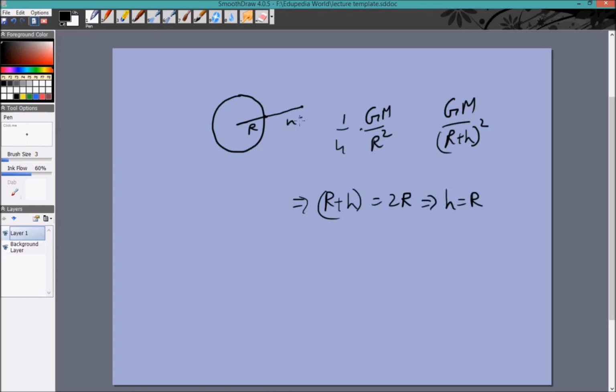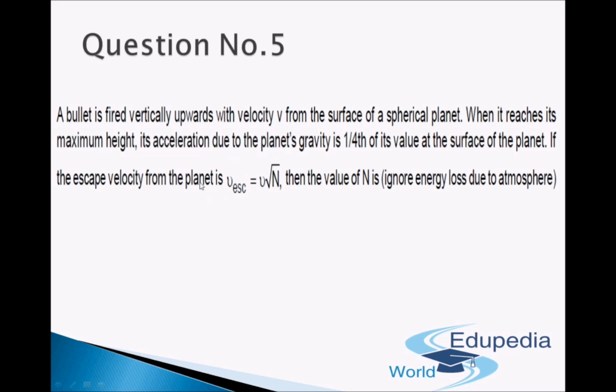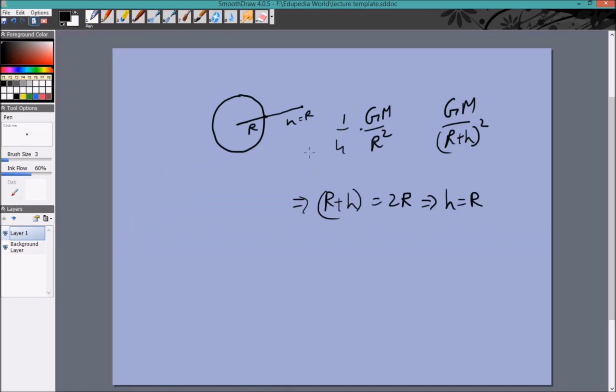So this is the first thing we found out. So it is at a distance from the center equal to double the radius of the earth for the gravitational attraction to be 1/4. Then we have just asked the escape velocity. If that is v root n, then what is the value of n? So if we are throwing it at a speed v, then half mv squared would be the kinetic energy initially.